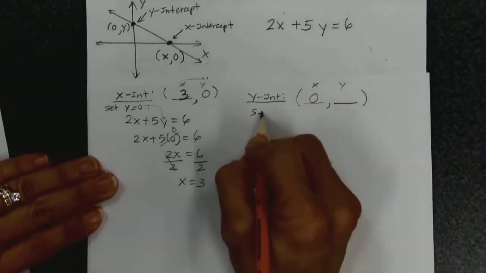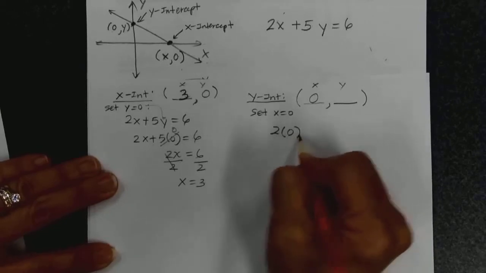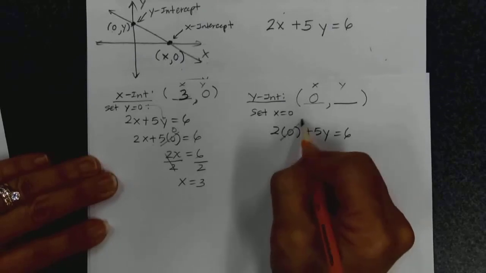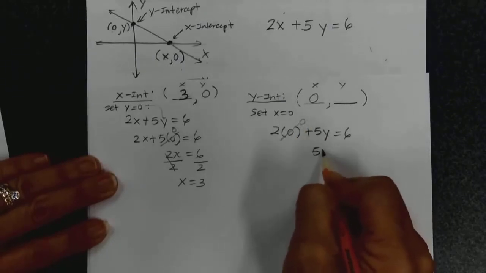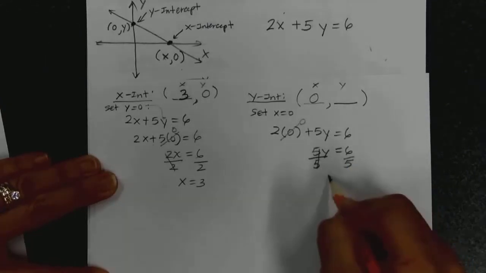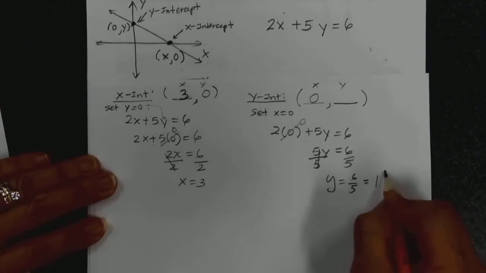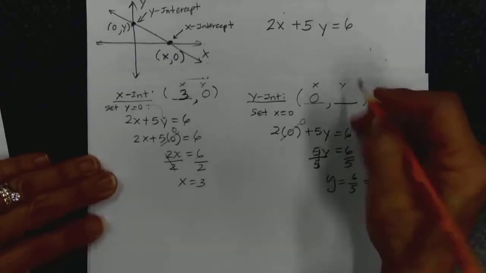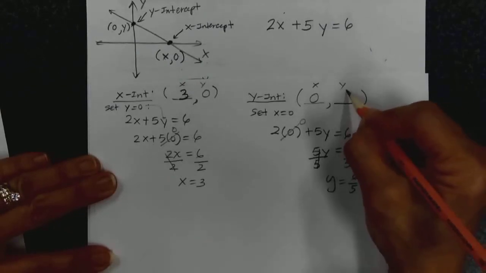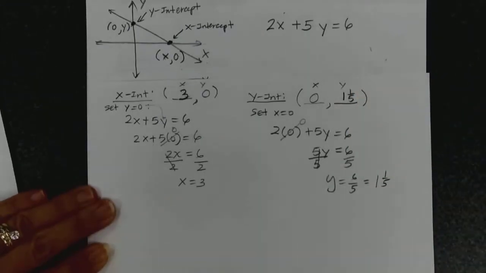Same thing, we set x equal to 0 this time, so we plug it in: 2 times 0 plus 5y is equal to 6. 2 times 0 is 0, 0 plus 5y is 5y, equal to 6, and when you divide by 5, y equals 6 over 5, or you could rewrite it as 1 1/5. So my y-intercept is at (0, 6/5), or (0, 1 1/5).